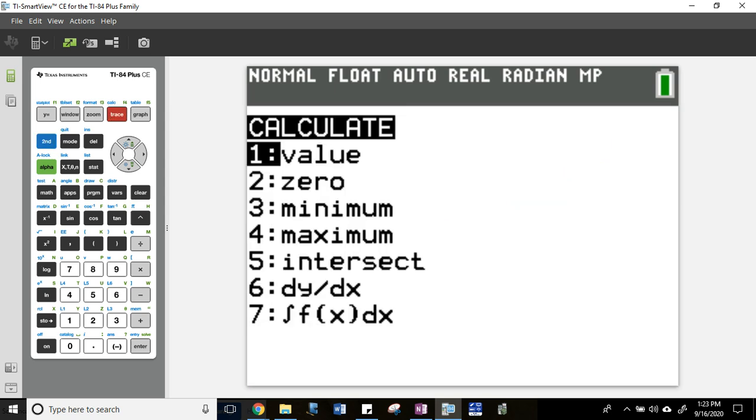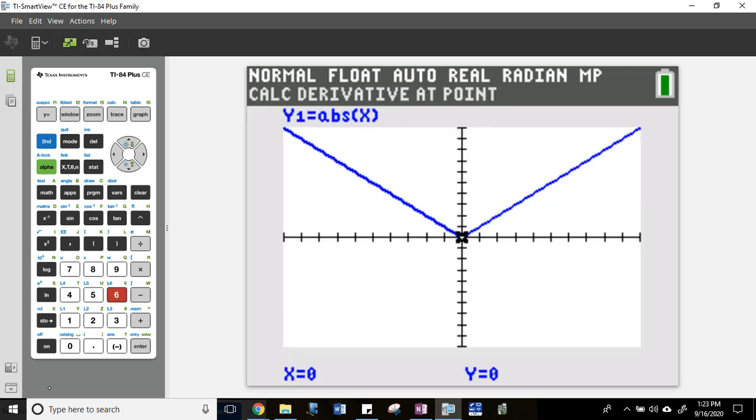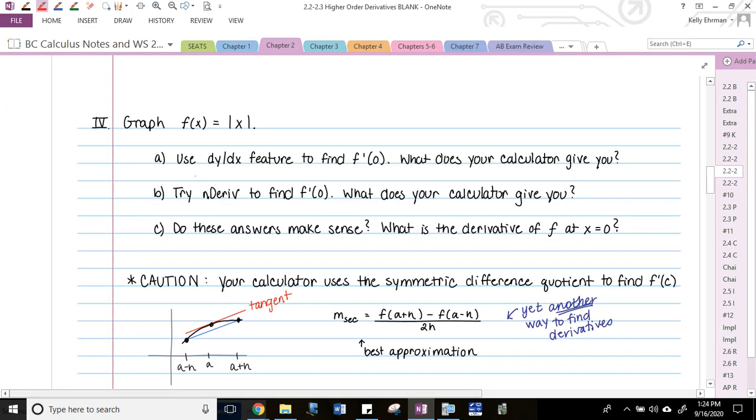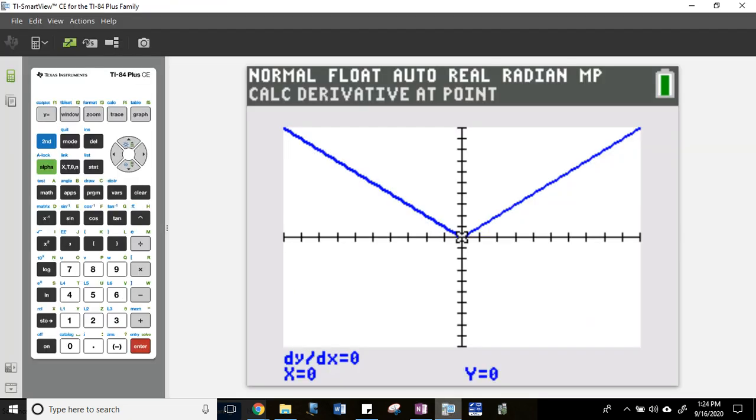Second, trace dy dx when x equals 0. It tells us dy dx is equal to 0. Is that correct? Is f of x differentiable at x equals 0? We should be saying, no way, sharp turn, not differentiable. So the calculator is leading us astray. That's a problem. So don't believe your calculator 100% of the time. Also use your knowledge of calculus.